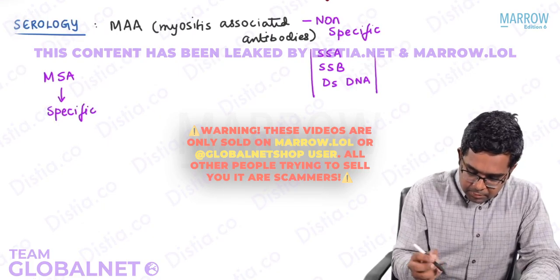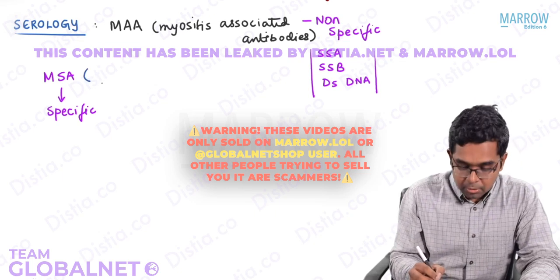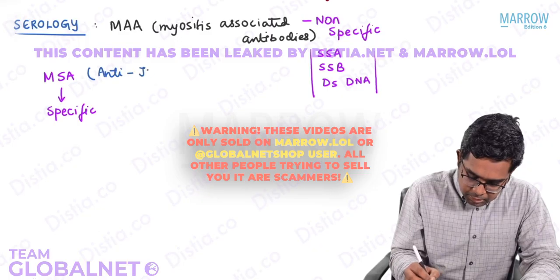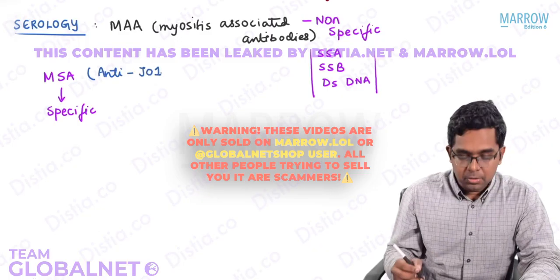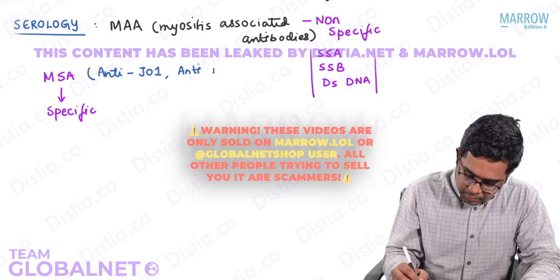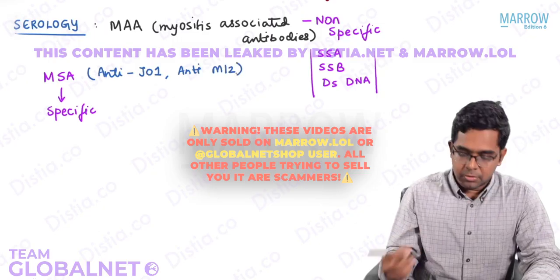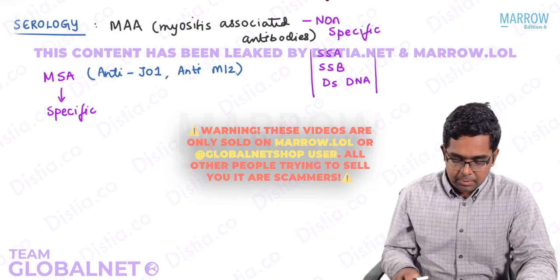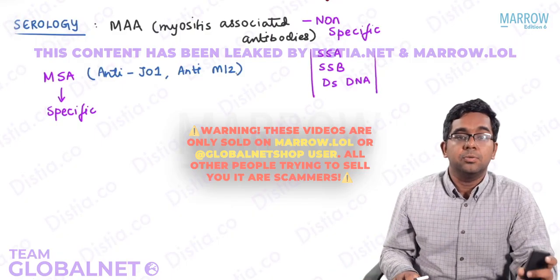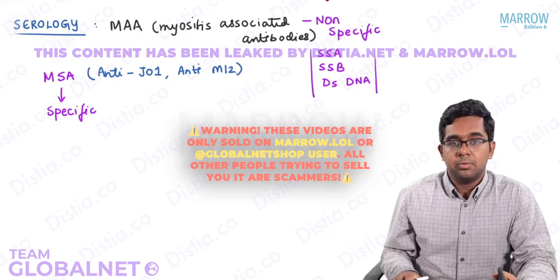The typical examples of this myositis specific antibodies include antibodies against JO1 antigen. Second is antibodies against M12 antigen. Okay, these are the important myositis specific antibodies which can be noted in children with juvenile dermatomyositis.